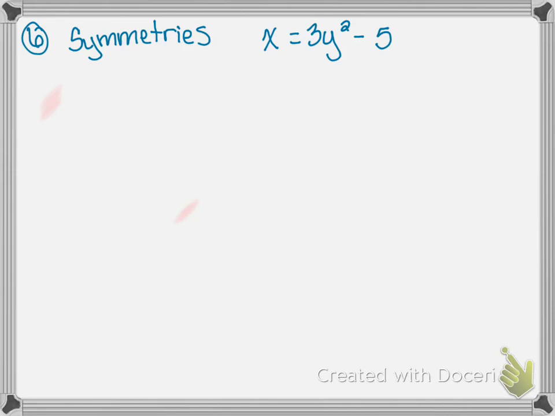We ask ourselves, is this symmetrical to the x-axis? Is this symmetrical to the y-axis? And is this symmetrical to the origin? These are the things that we are asking ourselves about this specific equation.